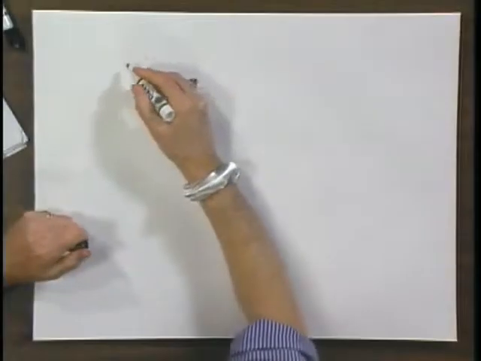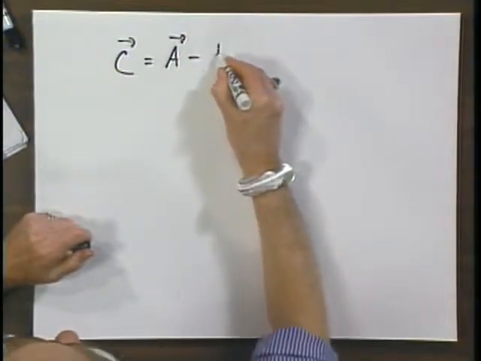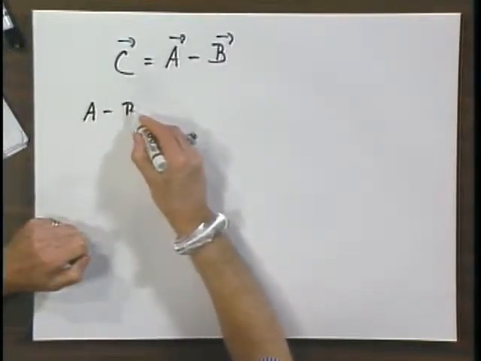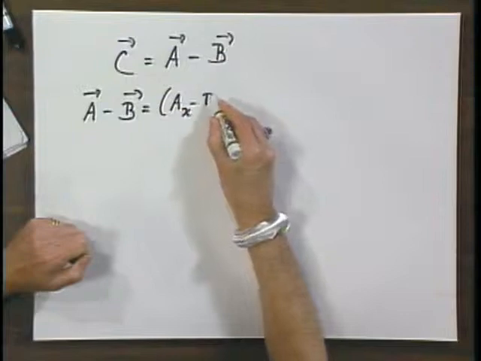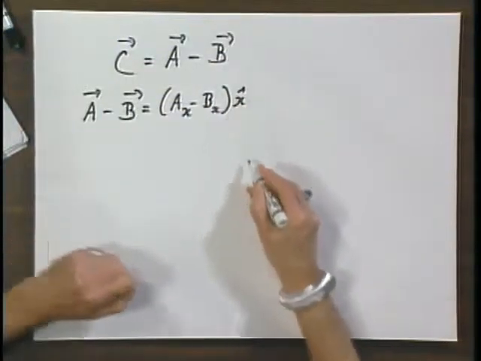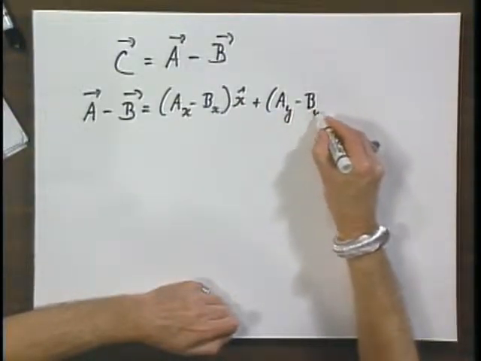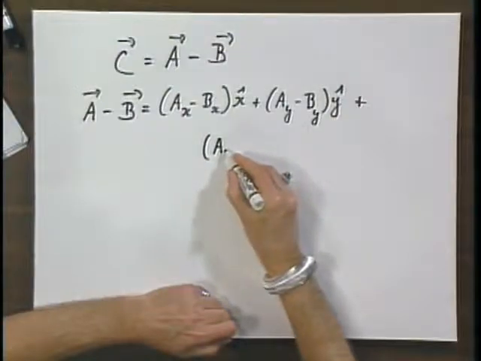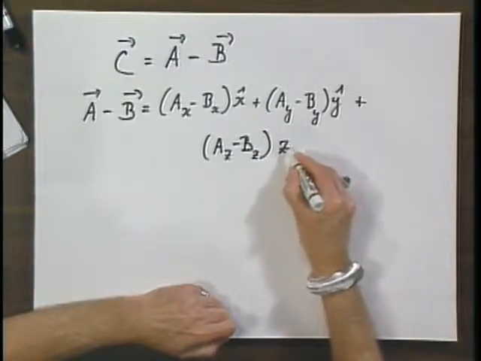I now want to discuss the subtraction of vectors. If we have the same vectors a and b, and c now equals a minus b, then it should not come as a surprise that a minus b equals ax minus bx in the x direction plus ay minus by in the y direction plus az minus bz in the z direction.